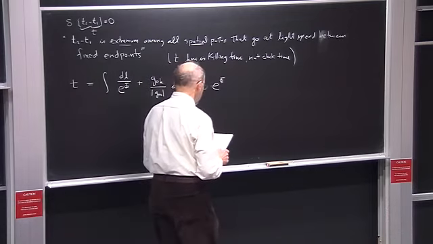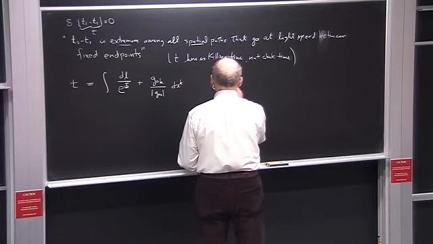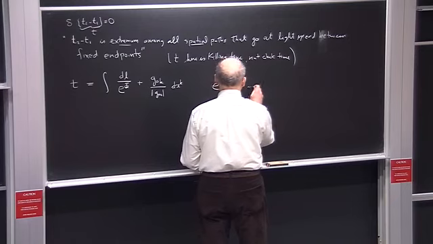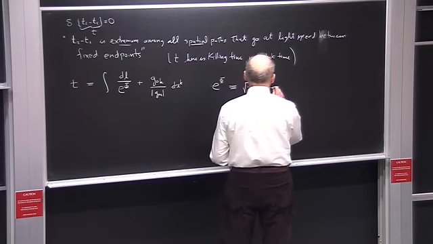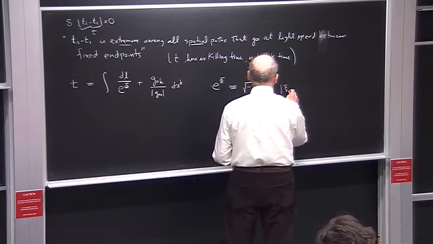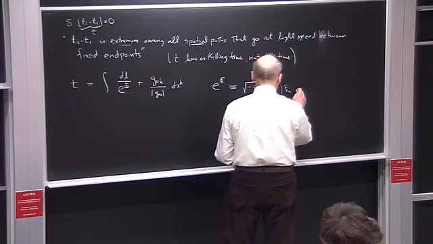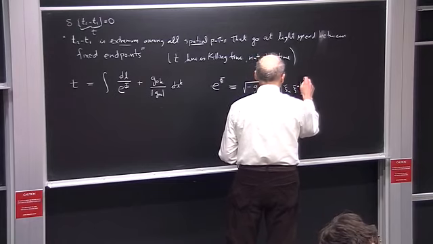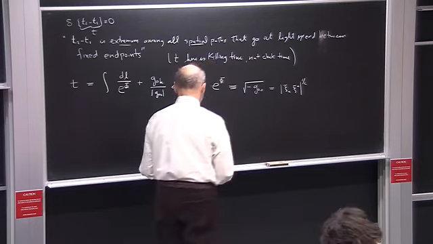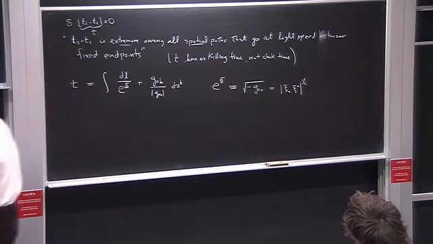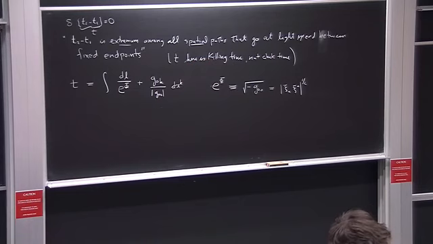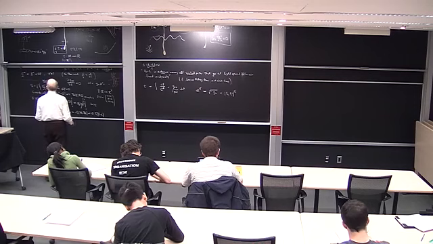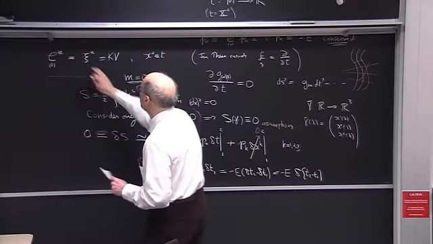There is a Killing vector. So this e to the phi is just the natural generalization of what we had before. It's the square root of minus g00 in this frame, but if we think of it in a more geometric way, g00 is, you go back to this connection between the time-like basis vector and the Killing vector.